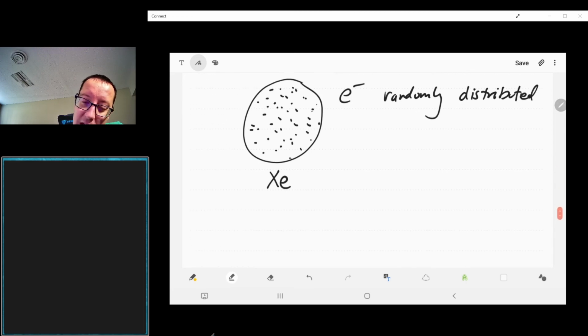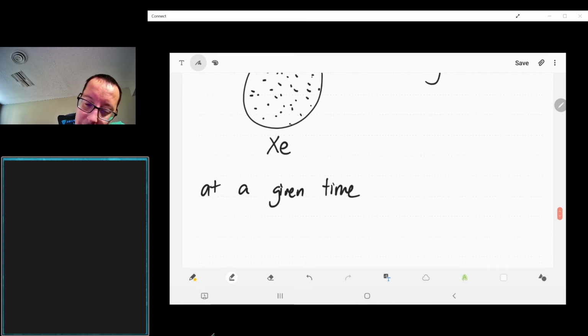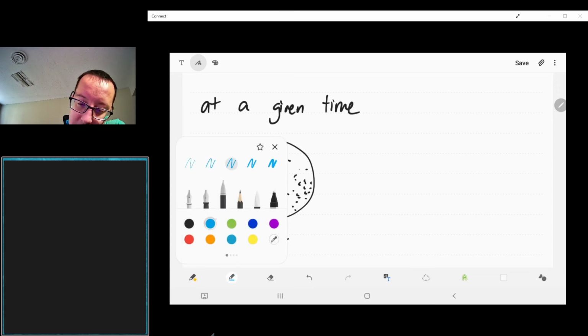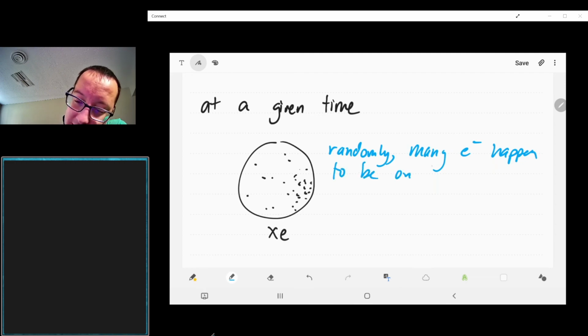So at a given time, you might see something like this. However, at another given time, you might end up with something like this, where just randomly many electrons kind of happen to be on one side of the atom.